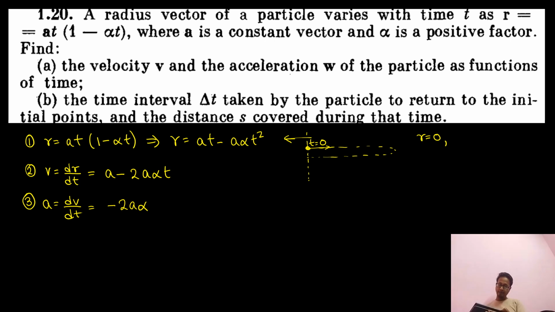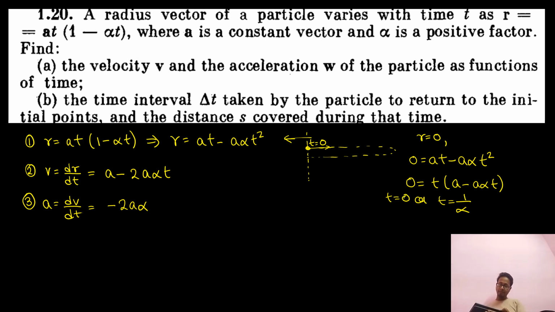So I can say that 0 = at - a alpha t square, or 0 = t into (a - a alpha t). So the two values of t are t = 0 or t = 1 by alpha.